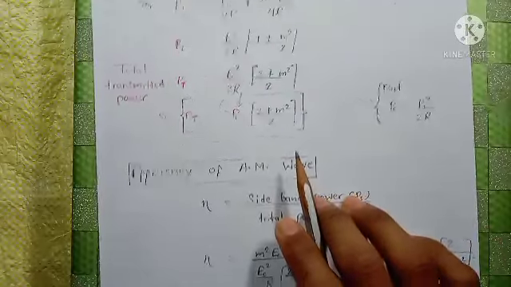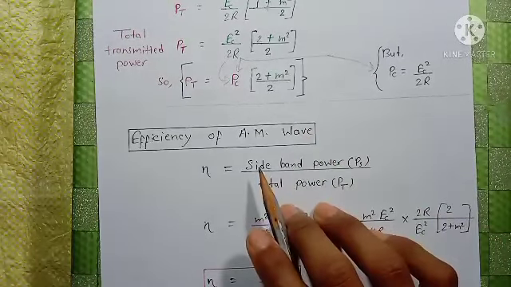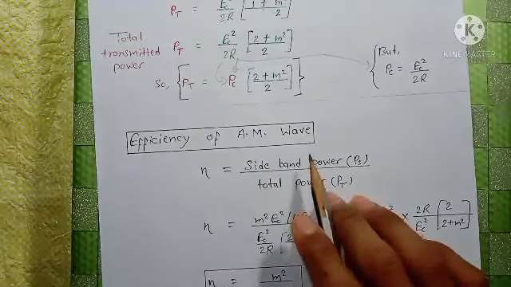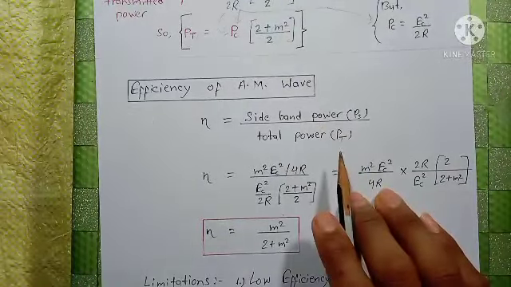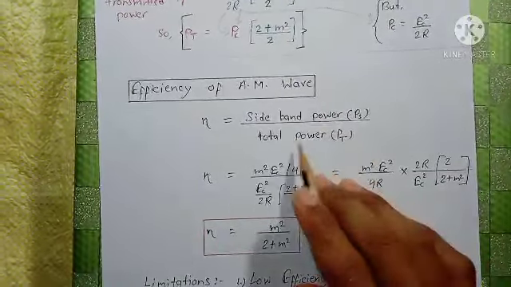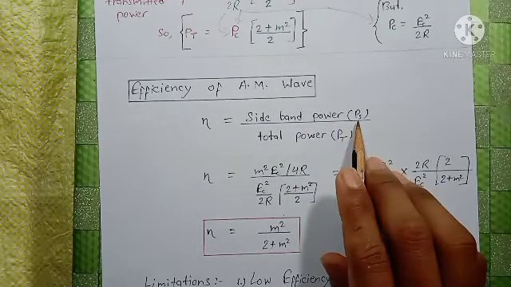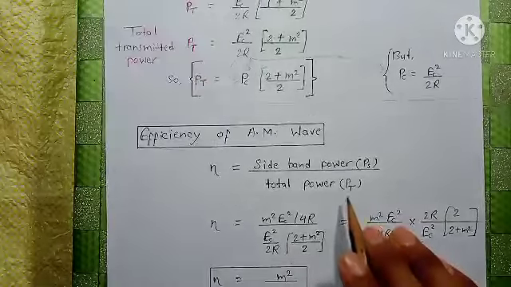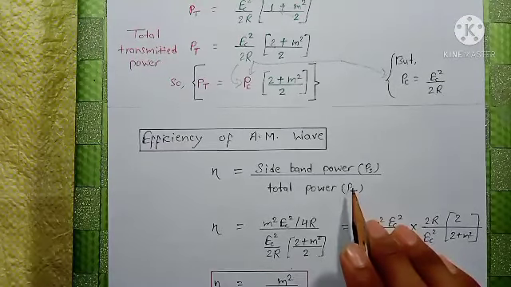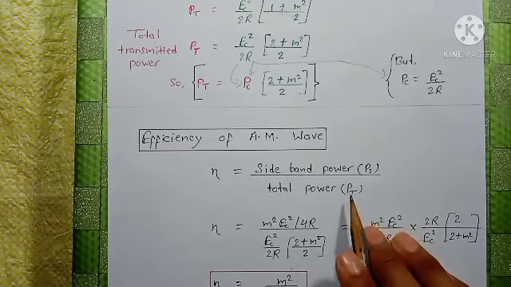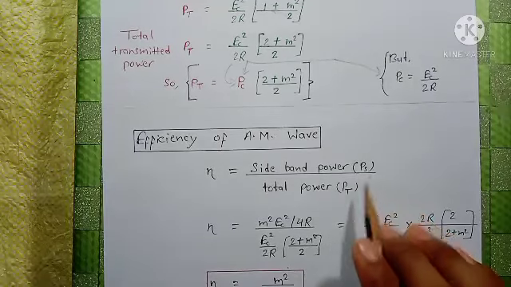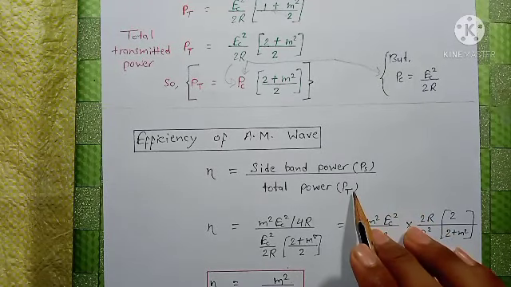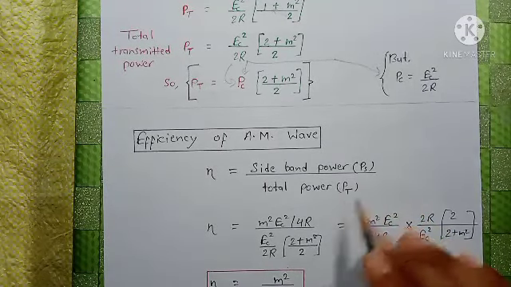Now let's see the efficiency of AM wave. The efficiency of AM wave is the ratio of sideband power PS to total power PT, and we have the values of PS and PT, so we put them in this formula.